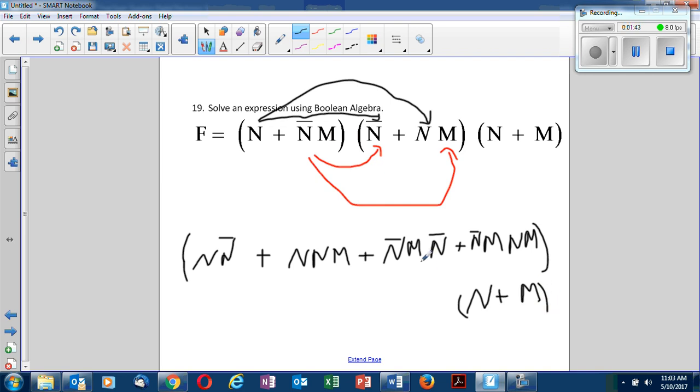Before we start multiplying it out again, I need to simplify this a little bit. First I have n and not n. N and not n is always false, so this is 0. Over here I have n and m and n, and n is just n, so this term turns into nm.